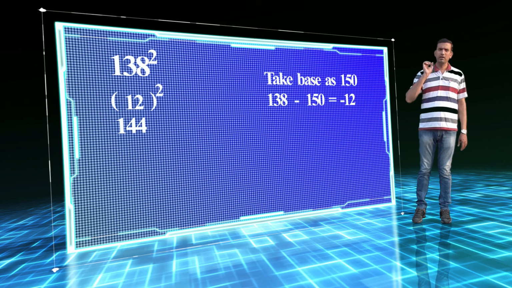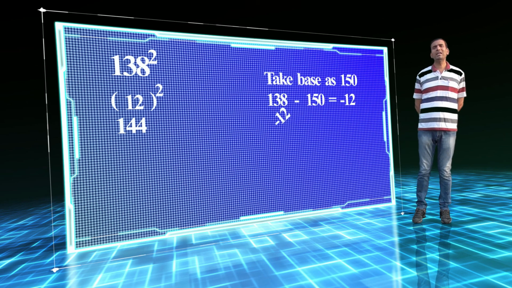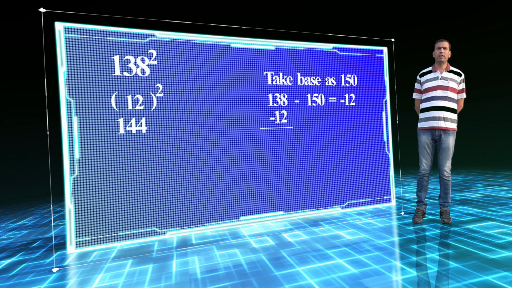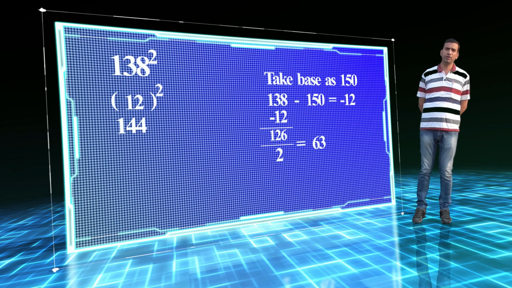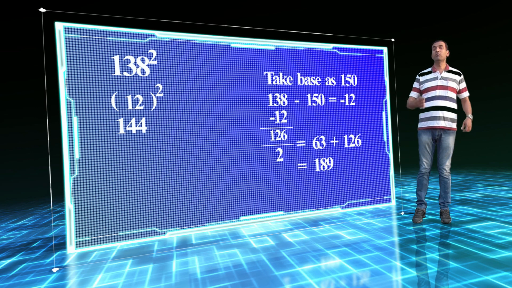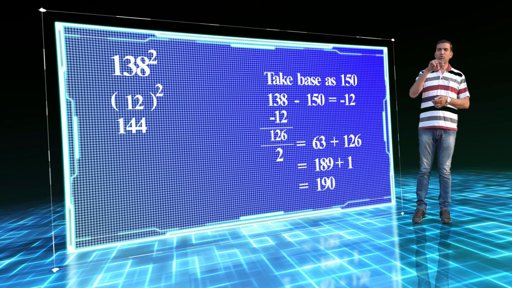Now 138 less 12 is 126. Half of 126 is 63. Add: 126 plus 63 is 189. And we have 1 as carry. So 189 plus 1 equals 190. So 19044. This is your result.